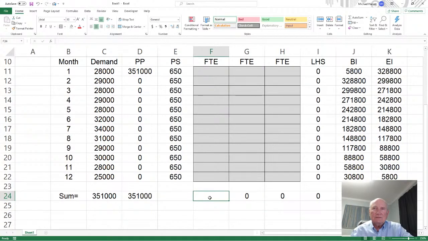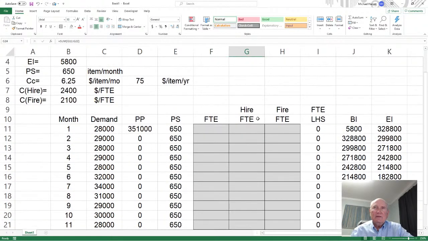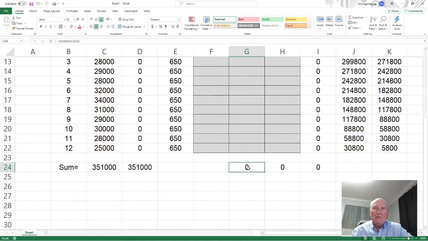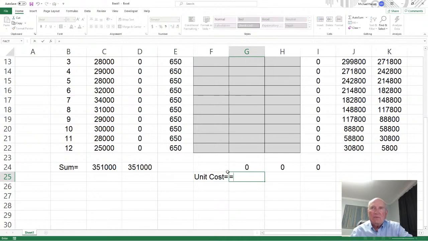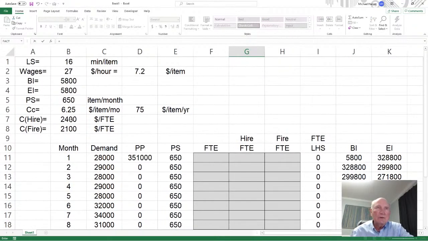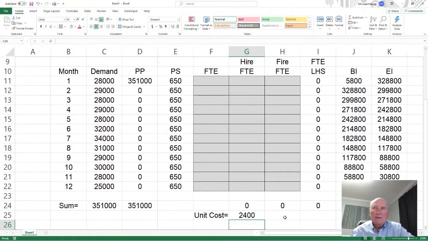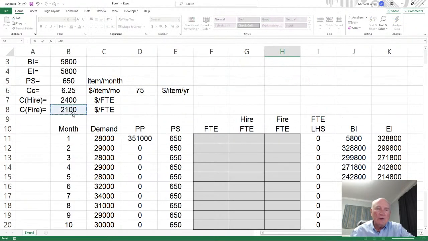But this right here is going to be all the FTEs I'm hiring. These are all the FTEs I'm firing. And I can bring my unit costs in here. Well, this is going to equal my unit hiring cost, which is 2,400. This equals my unit firing cost, which is 2,100.